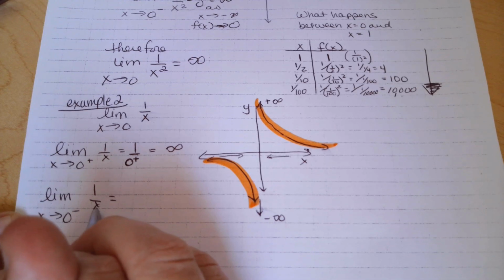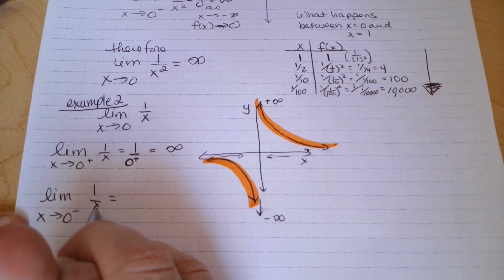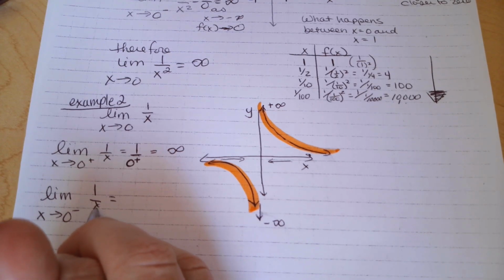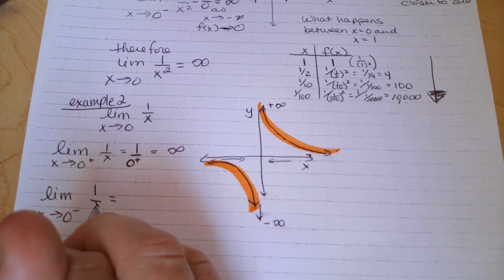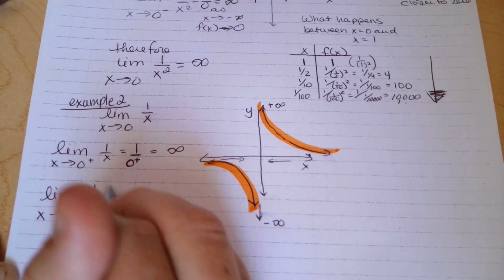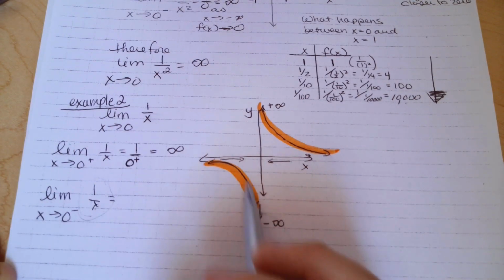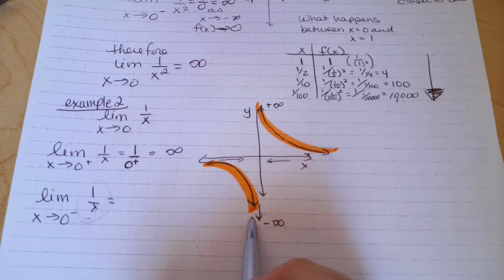Over here, this is going to be a negative number down here, right? It's going to be like negative 0.000001 or something smaller and smaller. But this side is going to be negative. It is plummeting towards negative infinity. Do you see that?